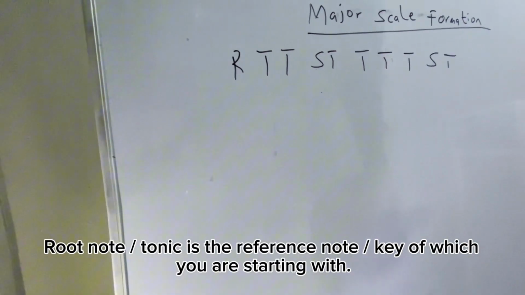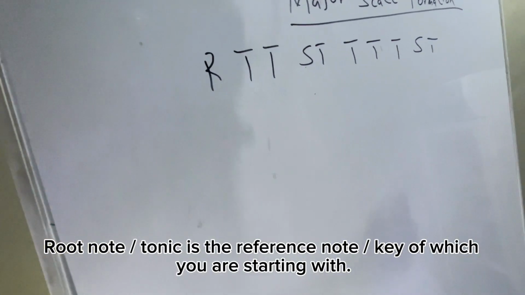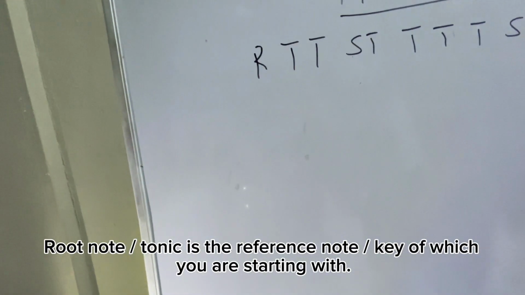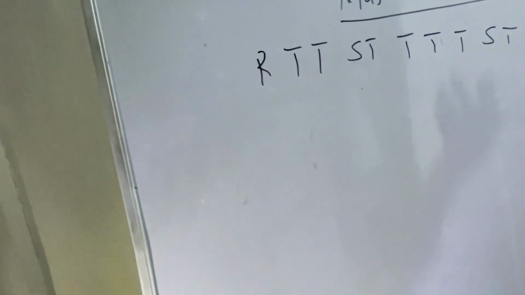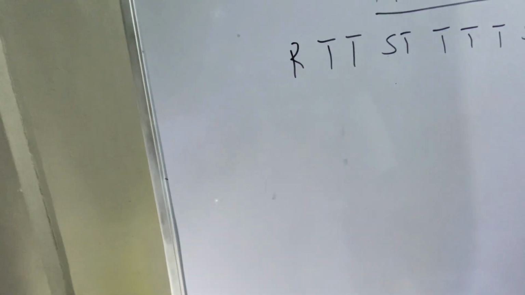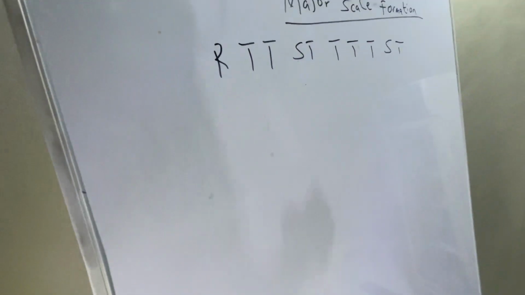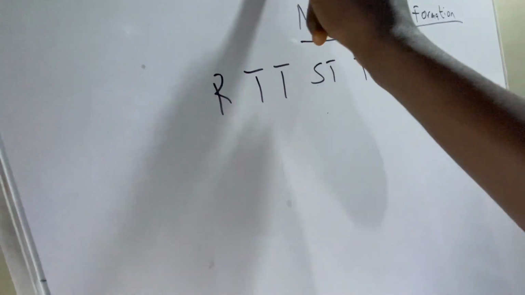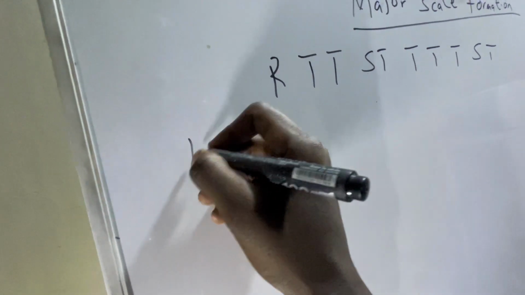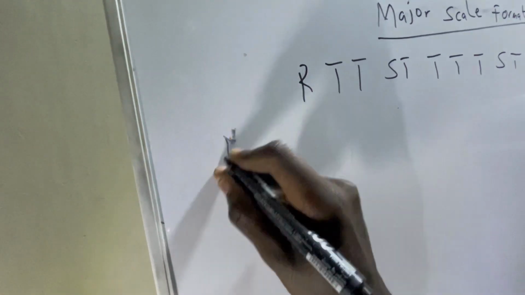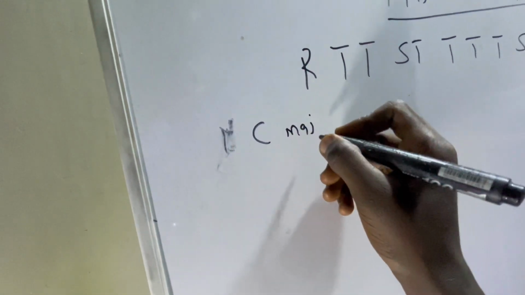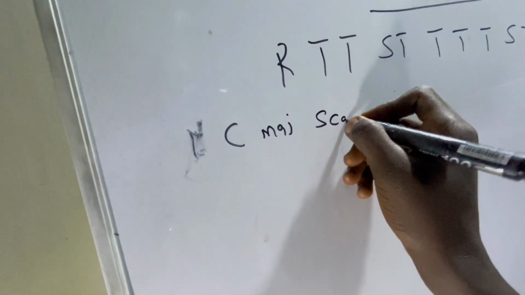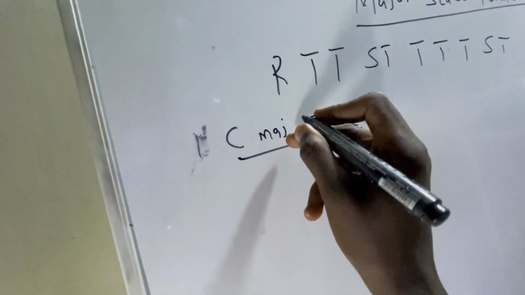So for instance, we might say find the major scale of C. Let's use C. So it means we start with C. We can write it this way: C major scale.